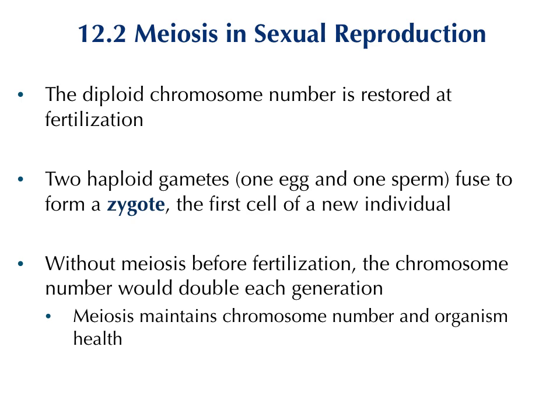We need to keep that same chromosome number in every new individual cell. Thus, the goal of meiosis is to form haploid gametes, which can then fuse to form a diploid zygote at fertilization.